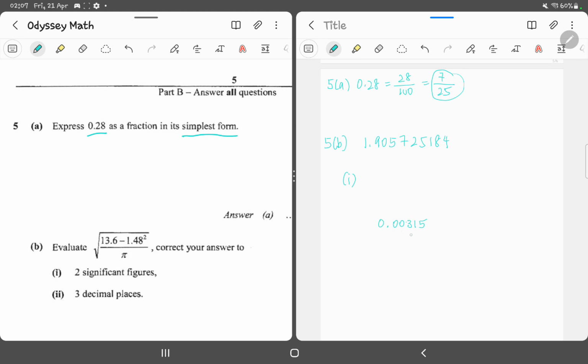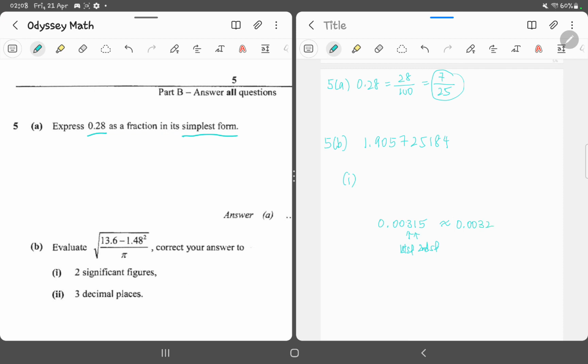So the first SF will be the non-zero digit, 3, which is the first SF. And then this number 1 here is the second SF. So if I were to round this to 2SF, I look at the number 1, and I look to the number to the right, which is 5. 5, I round up. So in this case, it will be 0.0032.